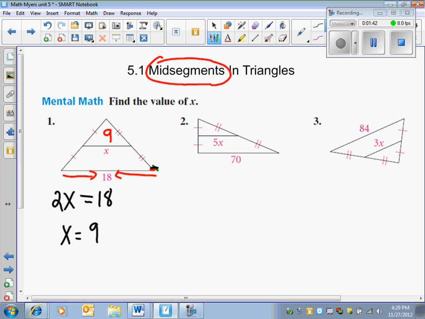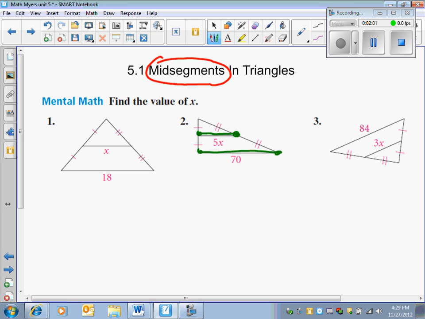Okay? Let's look at the second example here. We have a mid-segment. Which one is the mid-segment? Which one is the third side? Well, they should be parallel, so I want to identify my mid-segment all the time, and I want to identify the third side.